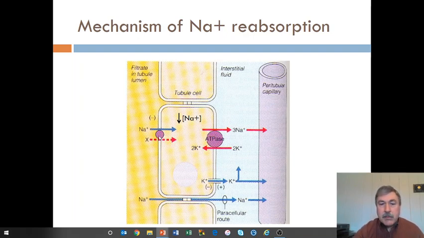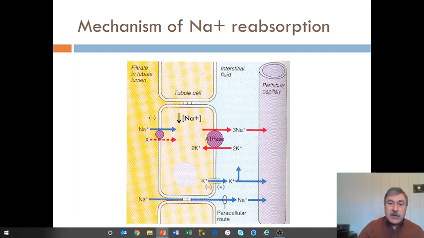Now, once sodium is reabsorbed, this movement of sodium across the luminal membrane allows for the co-transport of other substances like glucose and amino acids. So there are also other co-transport proteins or symport proteins that co-transport glucose and amino acids along with sodium.